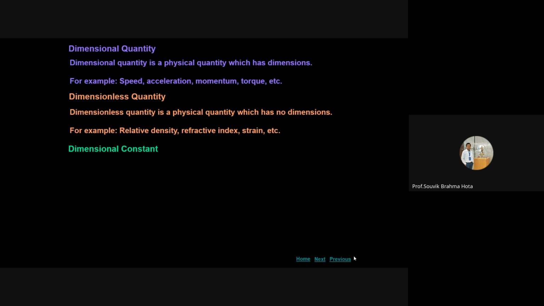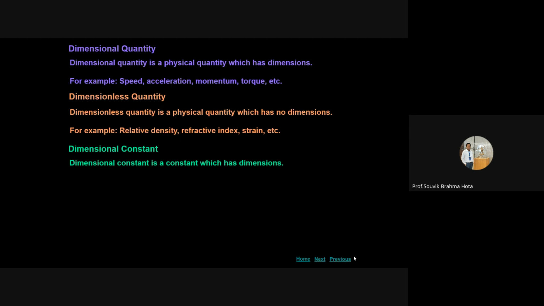What do you mean by a dimensional constant? A dimensional constant is a constant which also has dimension, like capital G, which has its own dimension. We can also consider the value of k in Coulomb's law or electrostatics, which also has dimension.